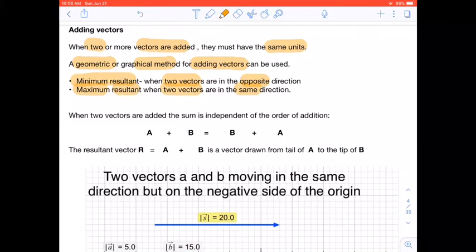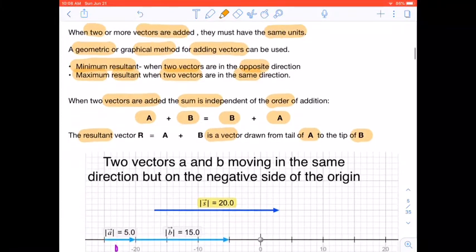Furthermore, when two vectors are added, the sum is independent of the order of addition. That means vector A plus vector B is equal to vector B plus vector A. And the resultant vector of A plus B is a vector drawn from the tail of A to the tip of B. We have dealt with this.